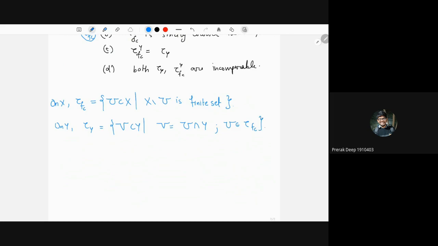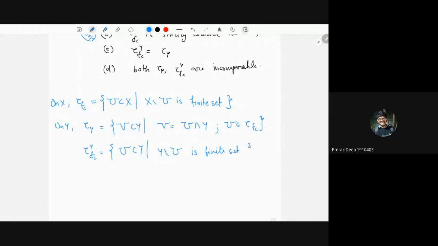Now tau Y FC is the set of subsets U of Y such that the complement of U in Y is a finite set.